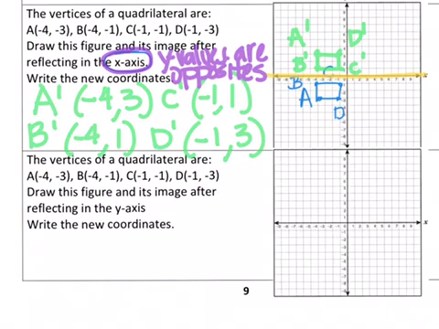Look at this A. A, we had -4, -3, but now its image, its prime coordinate, becomes -4, +3. So it's a good little quick test that if you're reflecting along the x-axis, your y values, your second value, are the opposite number. Go ahead and do the next example on your own.